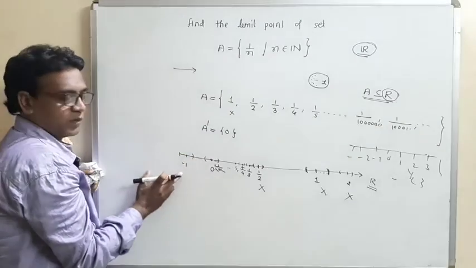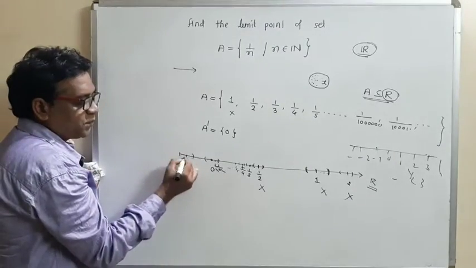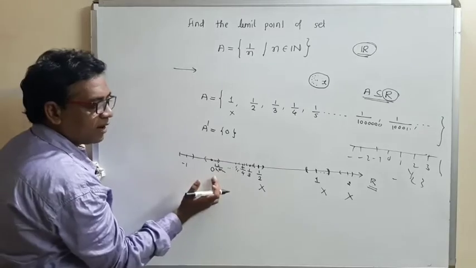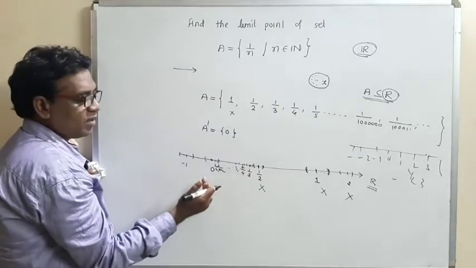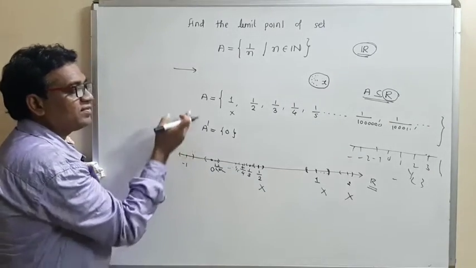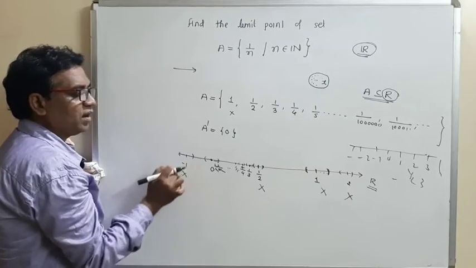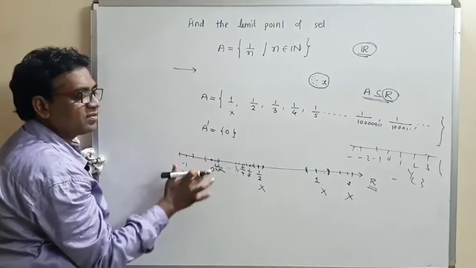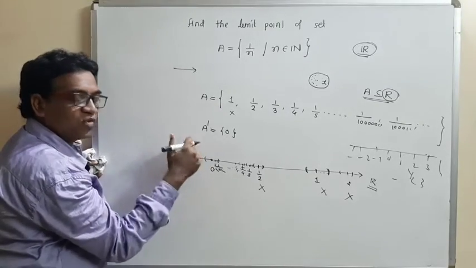This open sphere does not contain any point of A, since the points of A lie between 0 and 1. So this is not a limit point of A. There is just one limit point, x equal to 0. So how to show that it is the limit point?